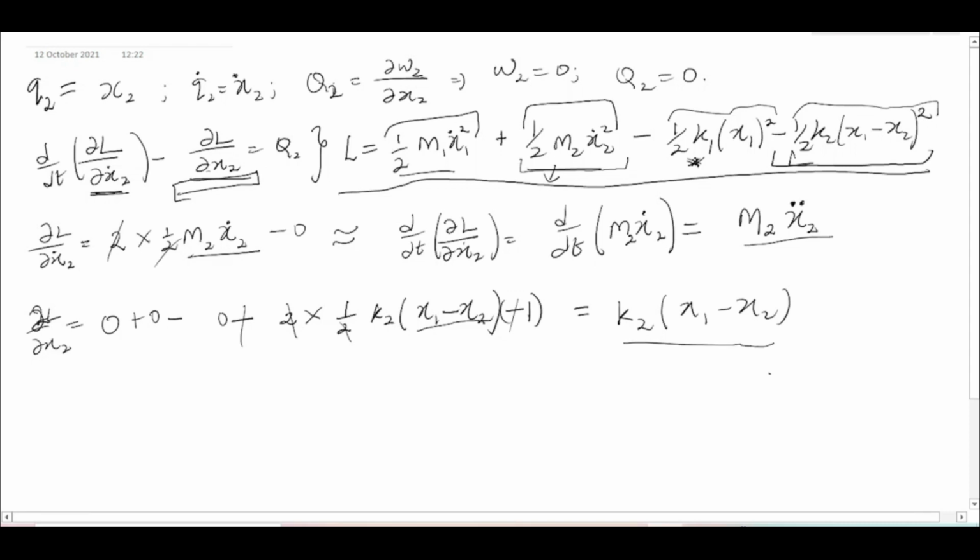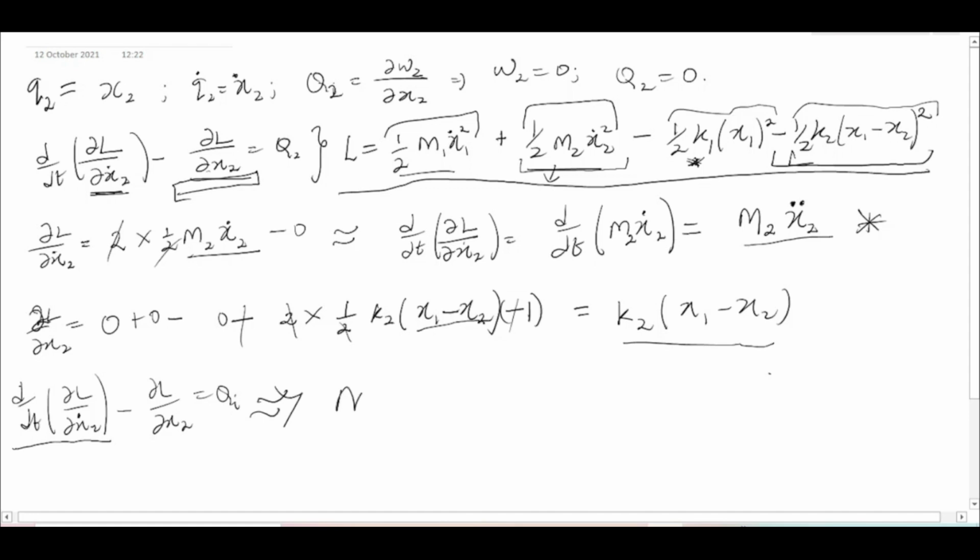So we've gotten all the terms in our Lagrange formulation. If we write out the Lagrange equation again: d/dt of dL/dx2 dot minus dL/dx2 is equal to Qi. Having gotten all the terms, the first term d/dt of dL/dx2 dot is m2 x2 double dot.